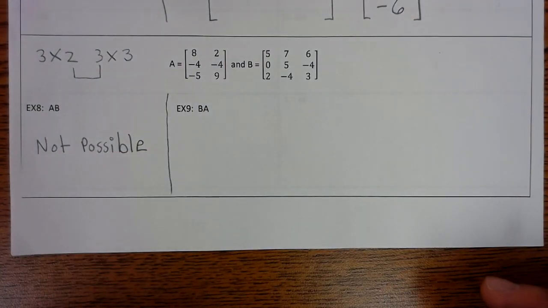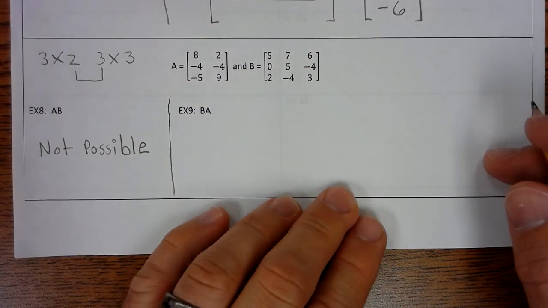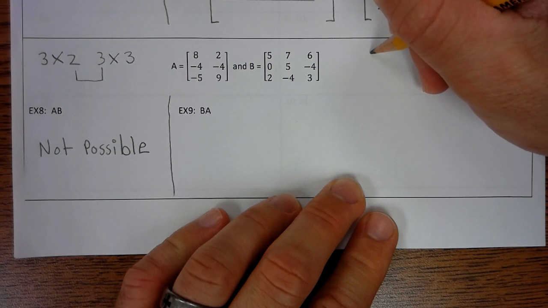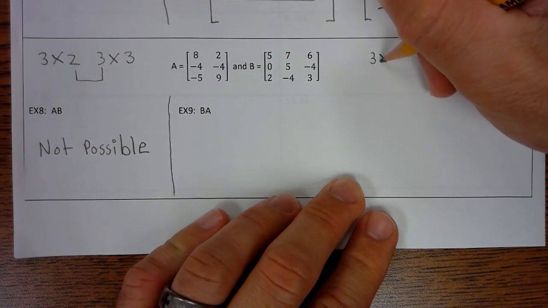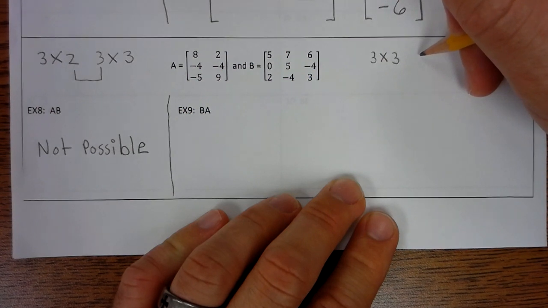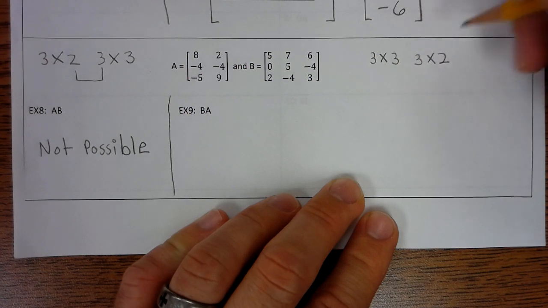Oh, got a little blurry there. All right, now let's take a look at B times A. So again, we look at dimensions. B is a 3 by 3, and A is a 3 by 2.